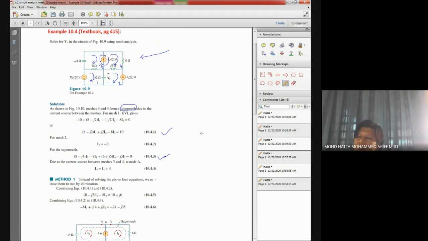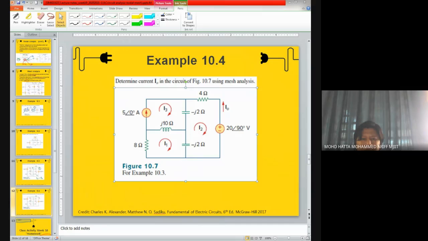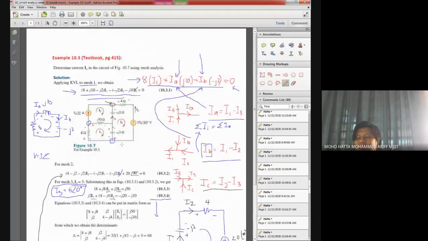Before you get into example 10.4, I strongly suggest you get into example 10.3 first. This is 10.4, sorry, 10.3. Please understand this one first.